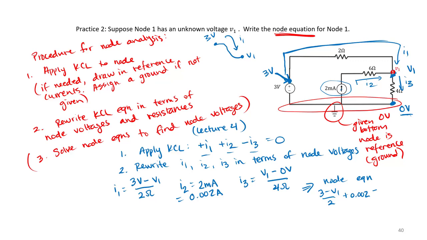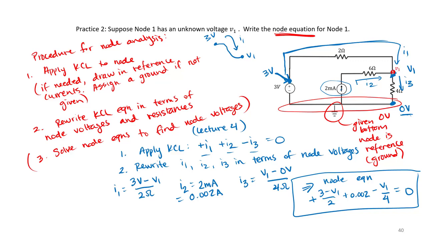Actually here, remember, it's plus I1, so we have plus that current, so plus 3 minus V1 over 2, plus I2, because I2 is coming in, so we have plus 0.002 amps. And then finally, I3 is leaving, so we say minus V1 over 4 equals 0. And there is our node equation for node V1.